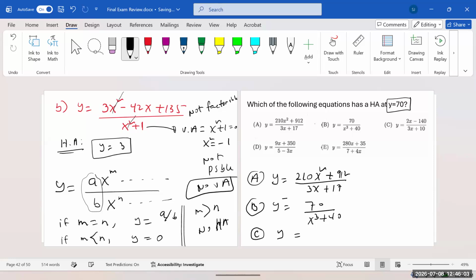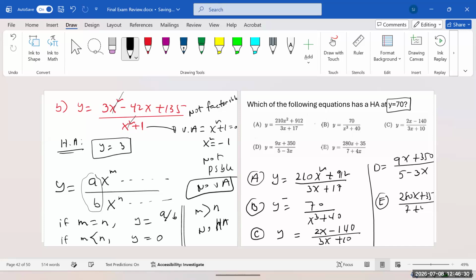C says y equals (2x minus 140) divided by (3x plus 10). D says (9x plus 350) divided by (5 minus 3x). And E says (280x plus 35) over (7 plus 4x).